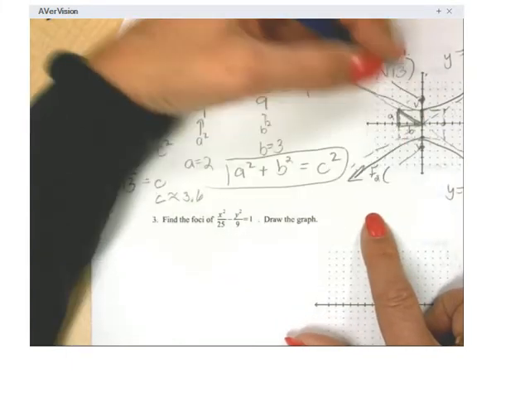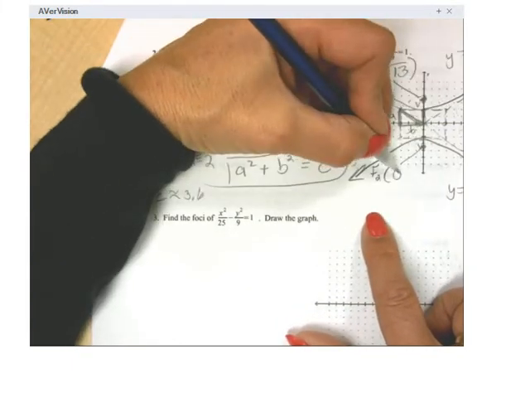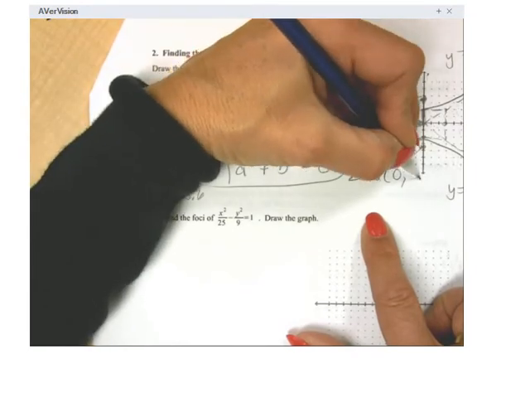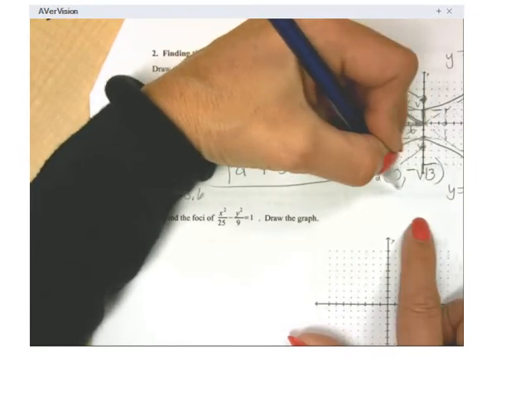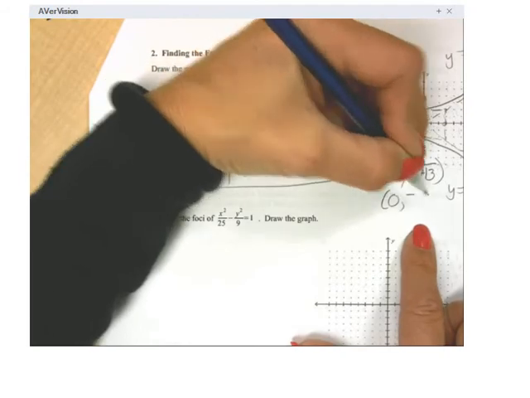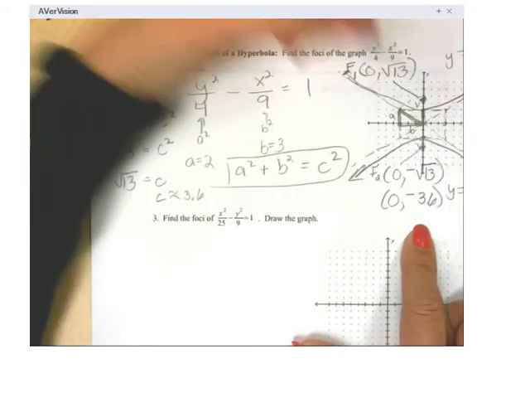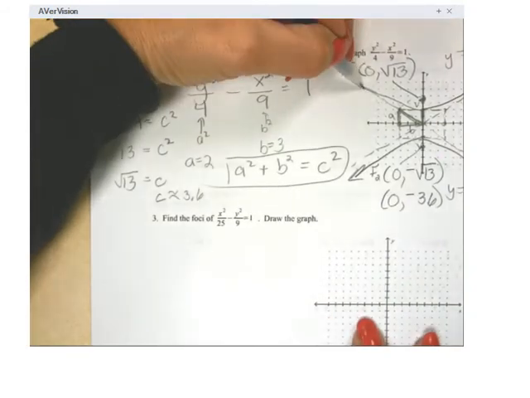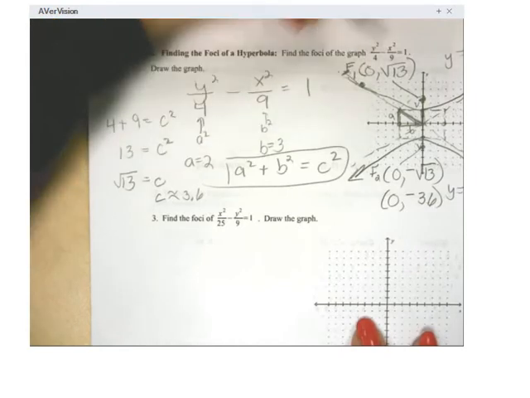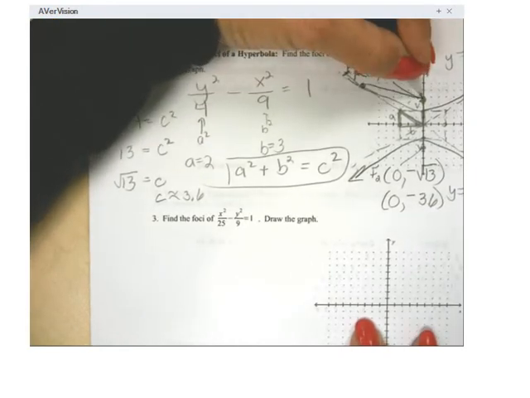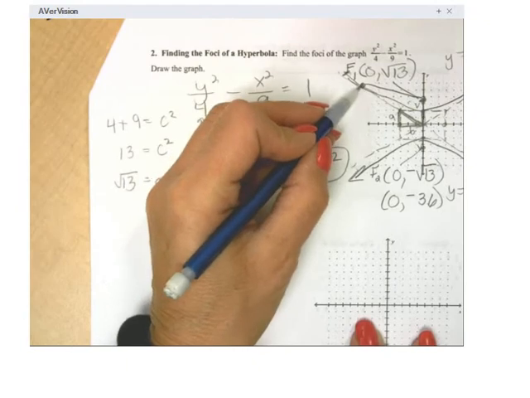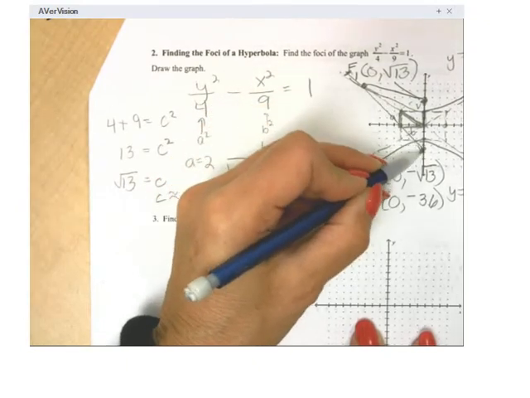If I'm going to graph it, I'm going to use the decimal approximation. And then the other focal point is down here, 1, 2, 3, there's negative 4, so right about right there. And that is the second focal point. Once again, his x-coordinate is 0, and his y-coordinate is negative square root of 13, which is approximately negative 3.6.